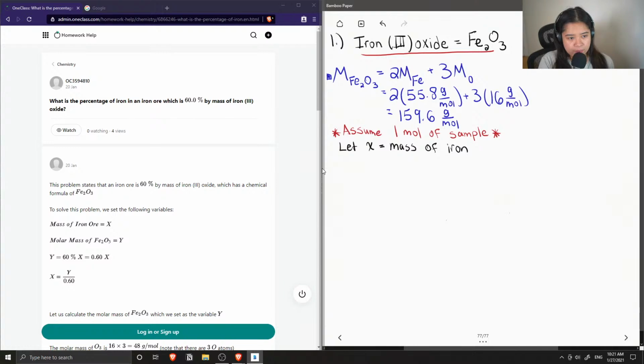So we know 60% of it is the iron, so we just need to say 0.6 X is equal to 159.6 grams. So this is the total molar mass of iron 3 oxide. And now we just need to solve for X. So if we divide both sides by 0.6, we get X is equal to 266 grams.